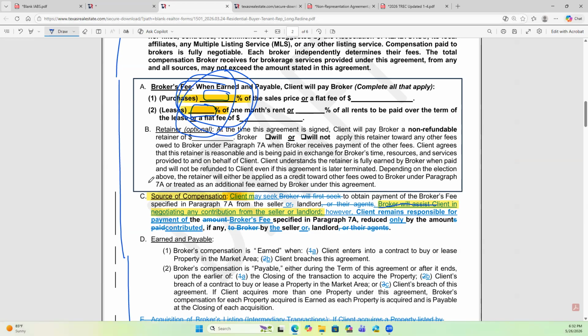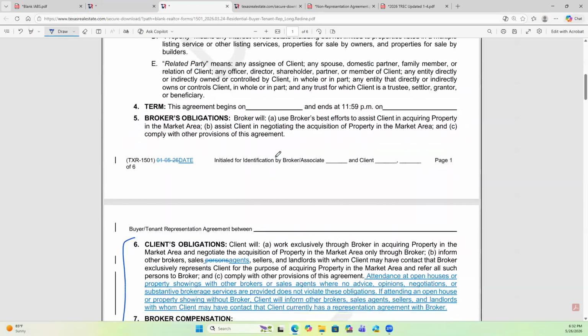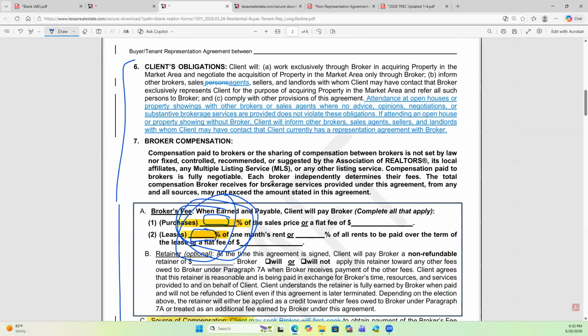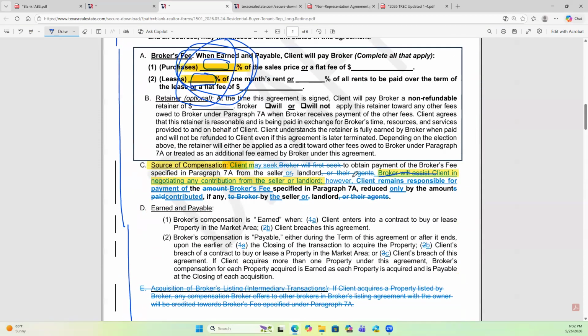So that is going to be your biggest change for the buyer representation agreement, that it's specifically telling you, one, the client obligations with this open house stuff, which is again the biggest scare for any agent, sending people to an open house without representation, and also making sure that we are spelling this out very clearly.